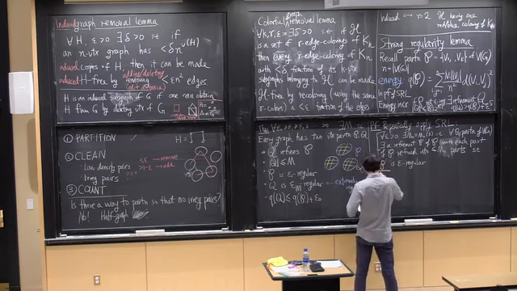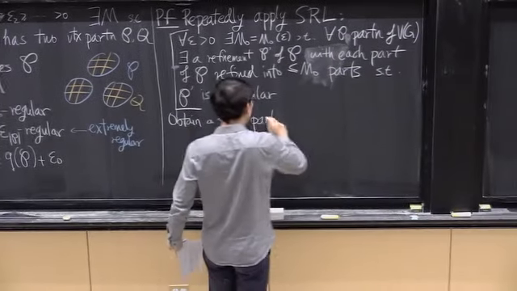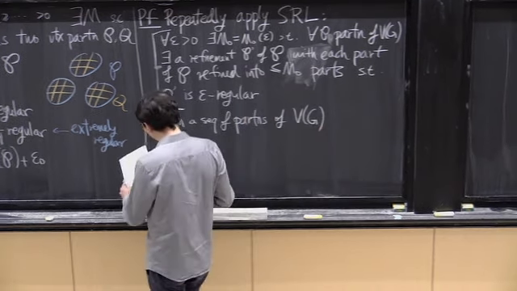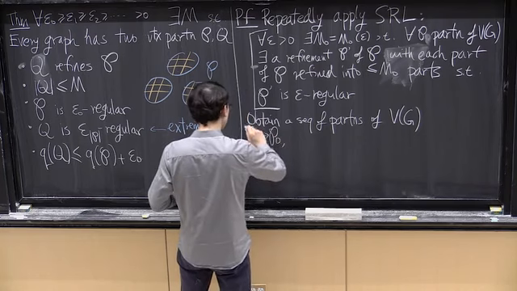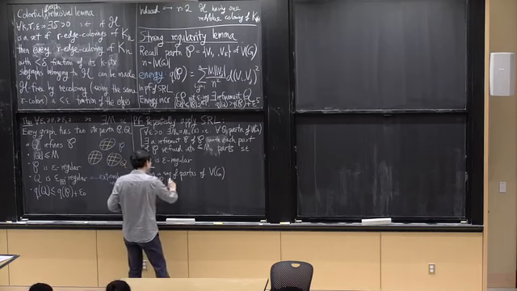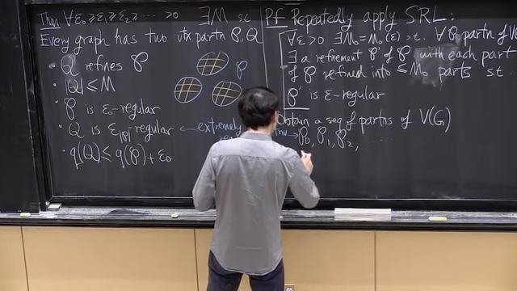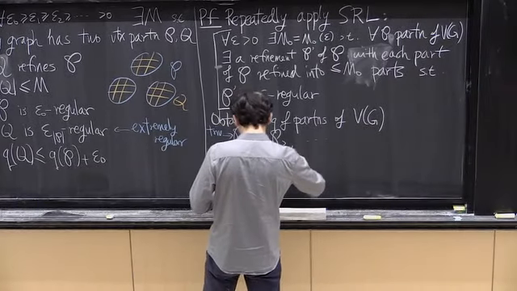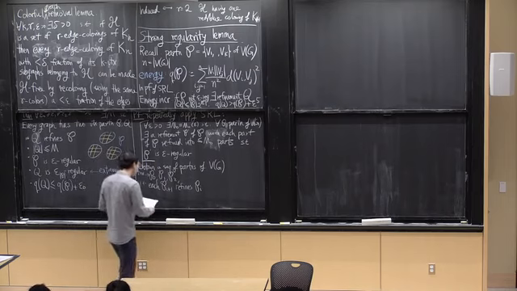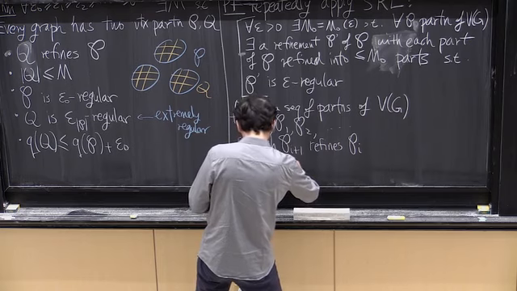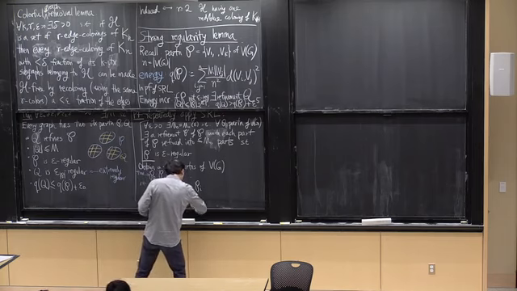So let's apply this statement, and we obtain a sequence of partitions of G, the vertex set of G, starting with P naught being a trivial partition, and so on, such that each P sub i plus 1 refines the previous one, and such that each P sub i plus 1 is epsilon sub (size of P sub i) regular.